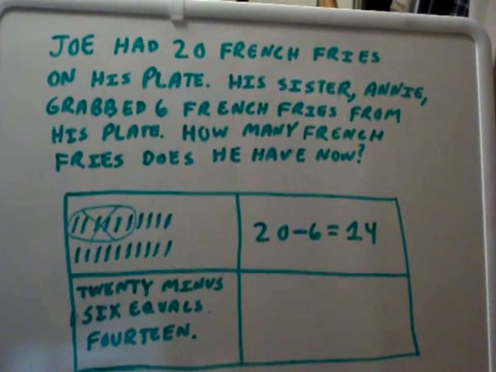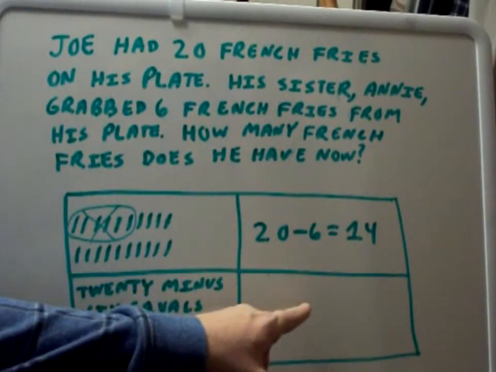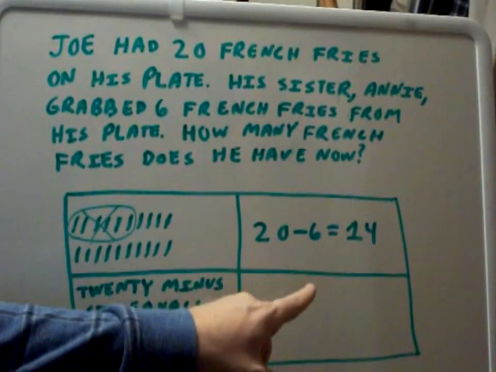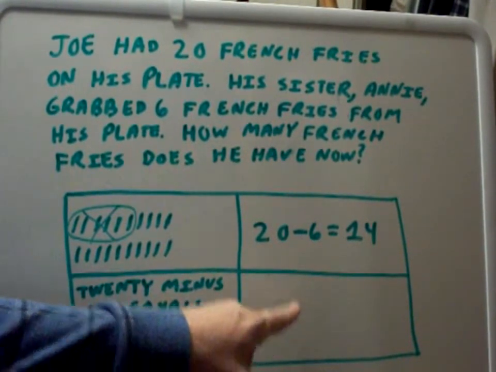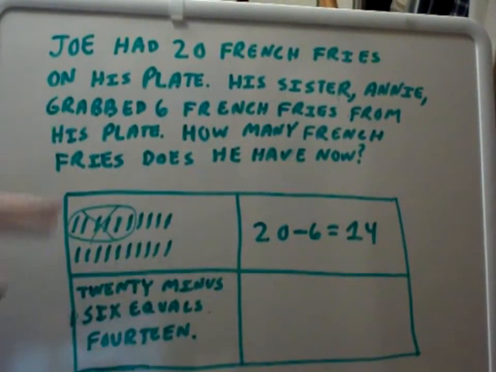Interesting, but anyway, let's just go on here. Then in the fourth box, they want you, the student, to tell the teacher how you solved this problem. So you have to write out this lengthy essay about how you solved this math problem. In this case, you would write down, first, I drew 20 French fries, which is what we did in this box.